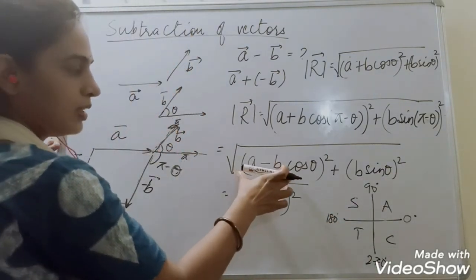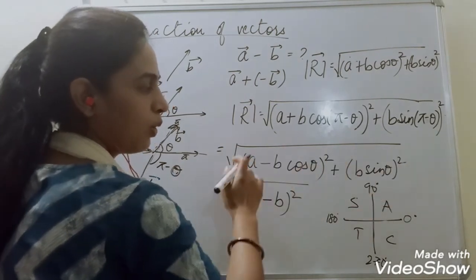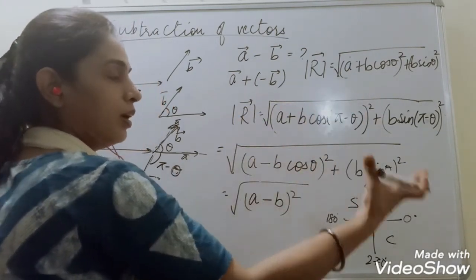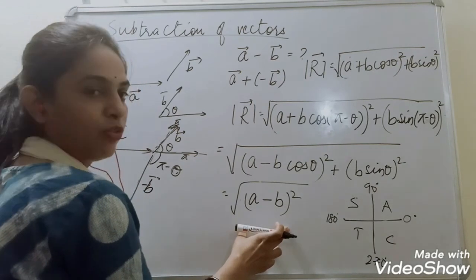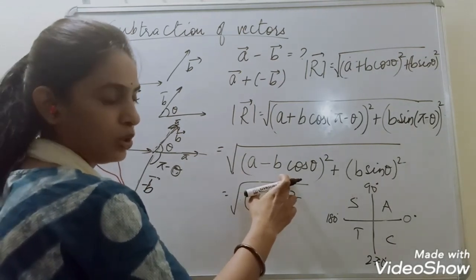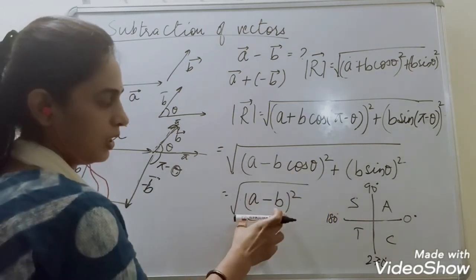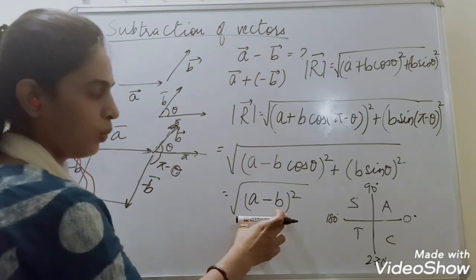So this is A minus B cos theta whole square plus B sin theta whole square. When you expand it, you will get the formula for A minus B whole square, that is A square minus 2AB cos theta plus B square, that is the magnitude of A minus B whole square.